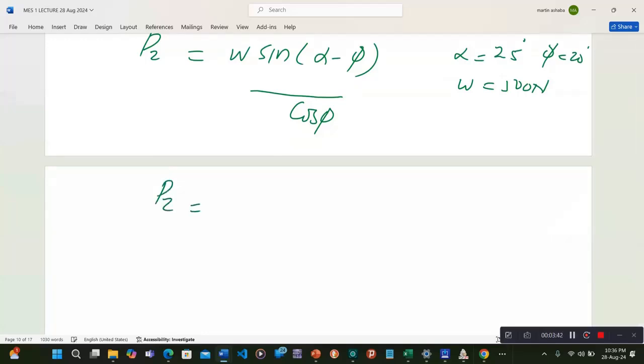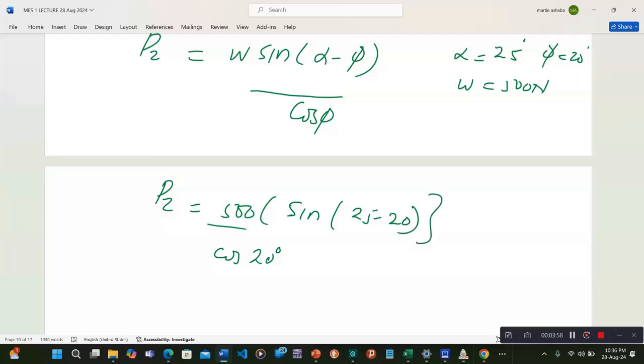So P2 will be 500 divided by cos of phi, which is 20 degrees, times sine of 25 minus 20. So this is 500 divided by cos of 20 times sine of 5 degrees.